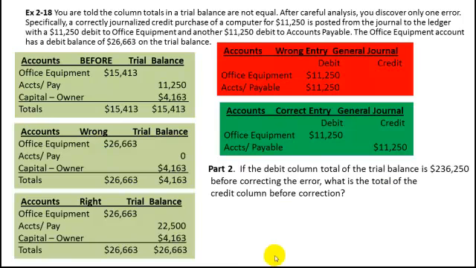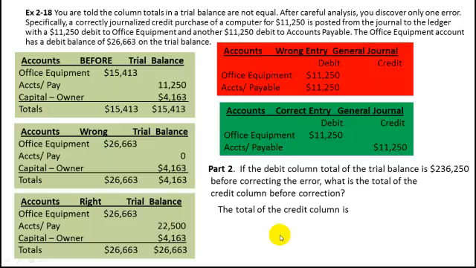Part 2: if the debit column of the trial balance was $236,250 before we corrected this error, what is the total of the credit column before the correction? Well, it doesn't really matter what this total debit is, because no matter what it is, if there was only one error and that was the error up here, then there's going to be a difference of $22,500 no matter what the totals were on the bottom here.